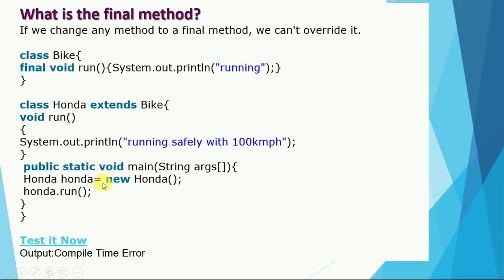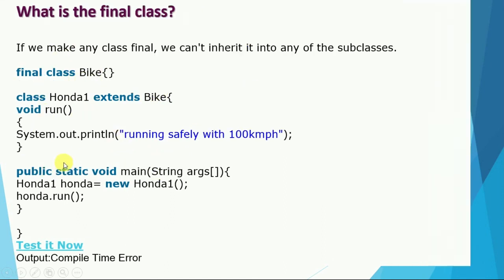Whenever we invoke this method, we first create an object named Honda, call the Honda child class constructor, and call the run method. It will throw an error because we can't override it. We are trying to override both methods, which have the same name in the child class and parent class.